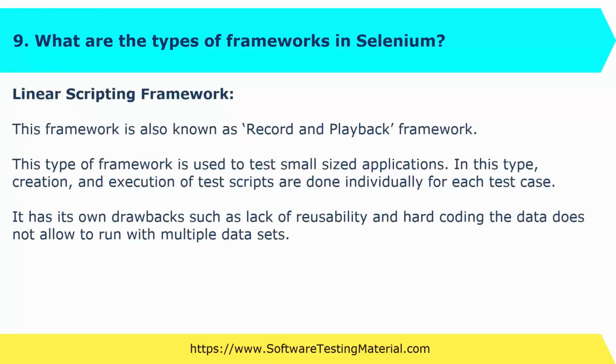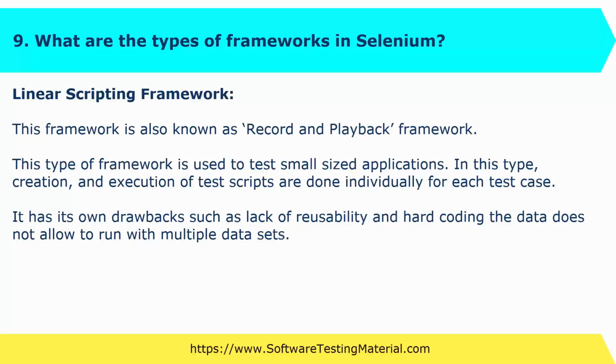Linear scripting framework. Linear scripting framework is a basic level test automation framework which is in the form of record and playback in a linear fashion. This framework is also known as record and playback framework. This type of framework is used to test small sized applications.